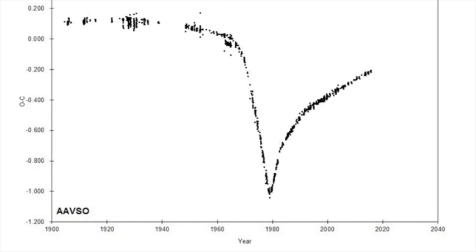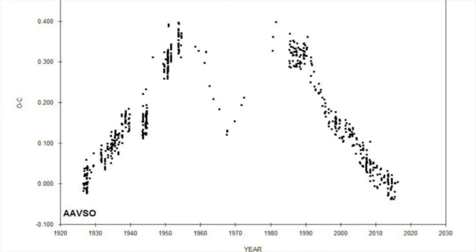I don't know if you can see the labels too well, but it's not a parabola. Here's another diagram Jerry sent me. AR Herculis, another RR Lyrae star, not a parabola.